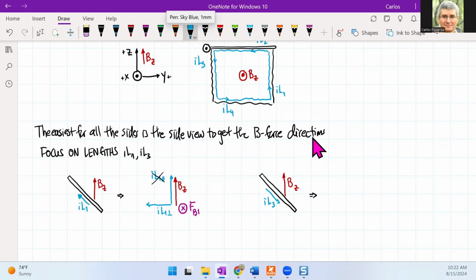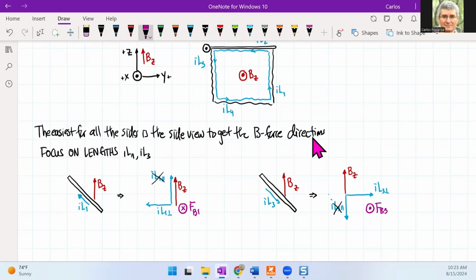I'll have a component that goes down, I3 parallel, and a perpendicular component, IL3 perpendicular. The magnetic field is going in that direction, so the anti-parallel component is not going to contribute at all. I only have this one right here, and as expected, we get a switch in the magnetic force, and that's 3.